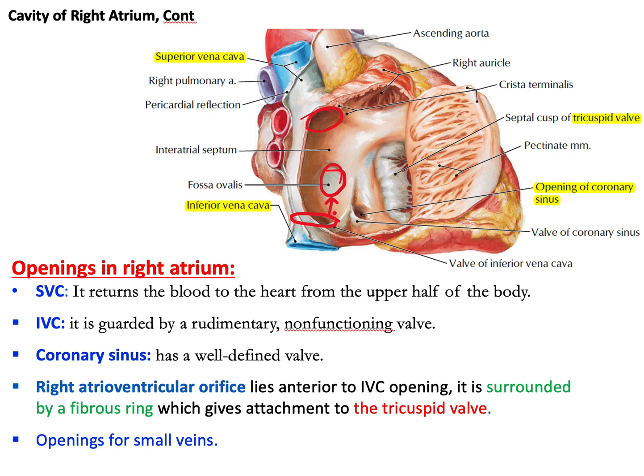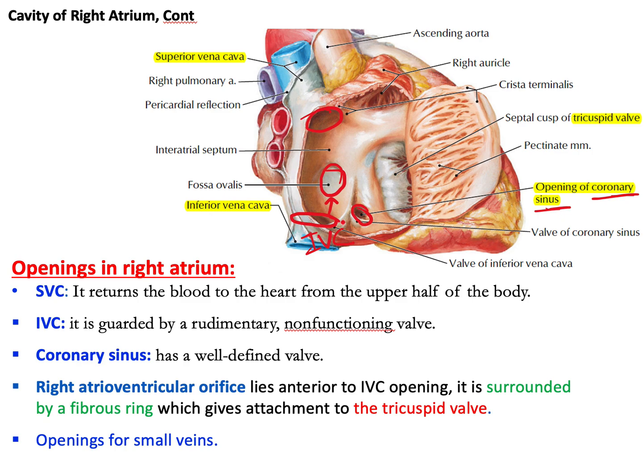And there is another opening for the coronary sinus, and we mentioned that the coronary sinus is a large vein posteriorly. It drains the blood from most of the heart itself, to the right atrium.